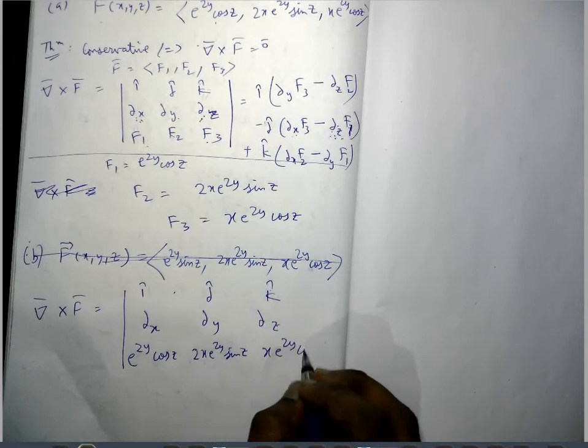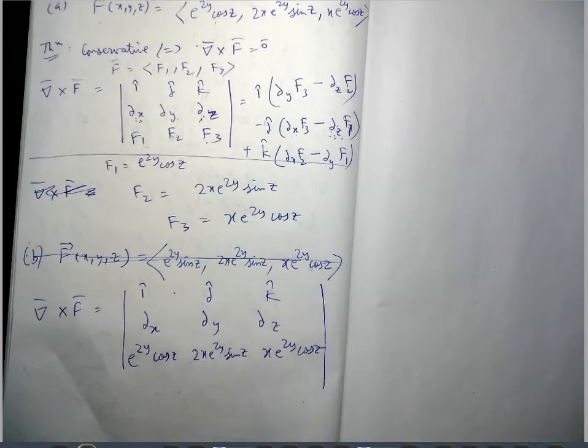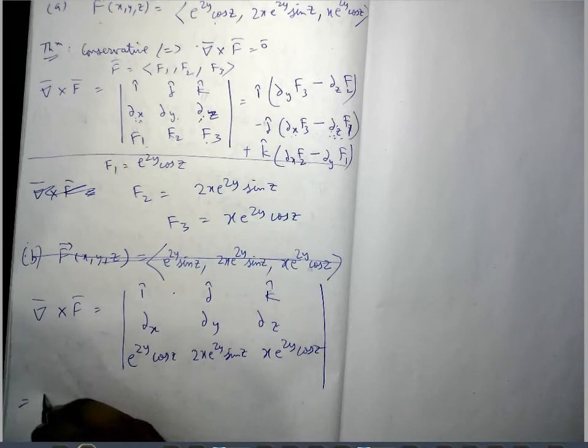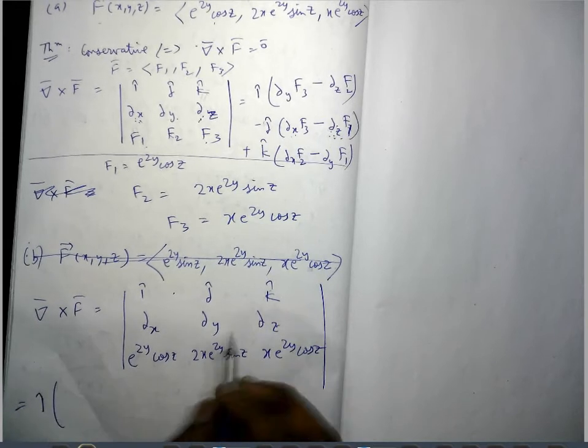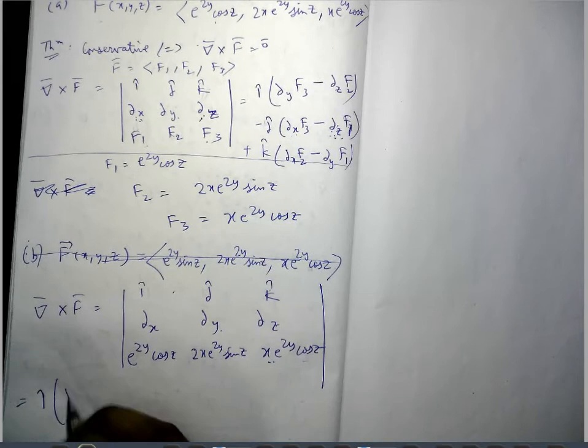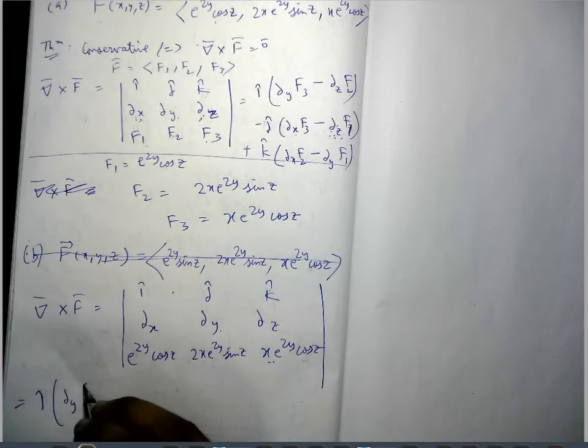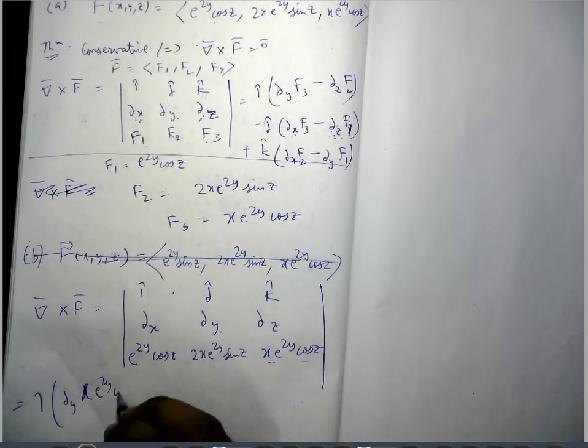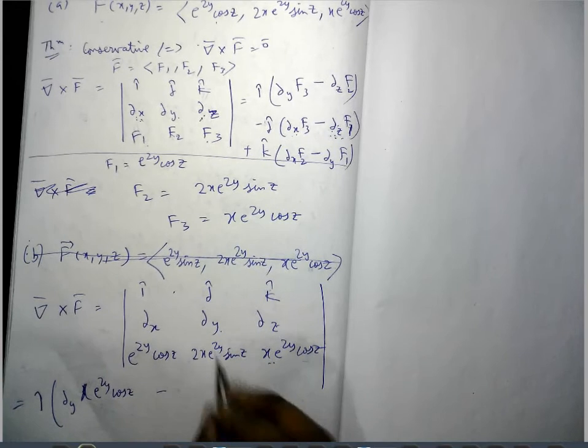You want to evaluate this. Start with i cap times the partial derivative: dou y of x e to the power 2y cos z minus dou z of 2x e to the power 2y sin z.